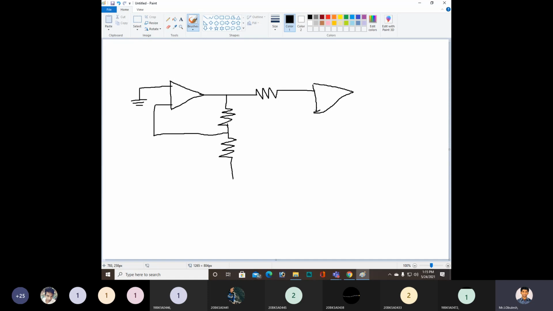This is the op-amp, this is connecting to ground. This is the inverting terminal. This is the non-inverting terminal. Inverting, non-inverting.